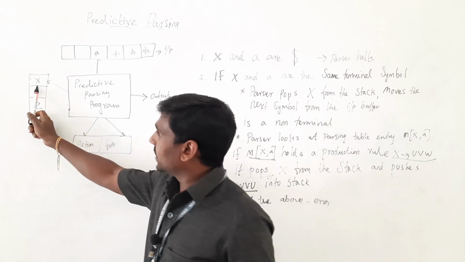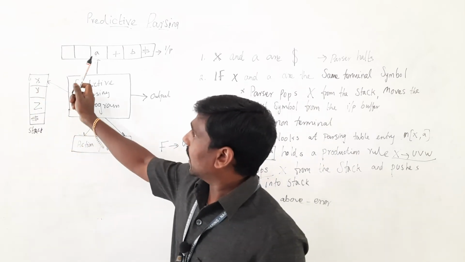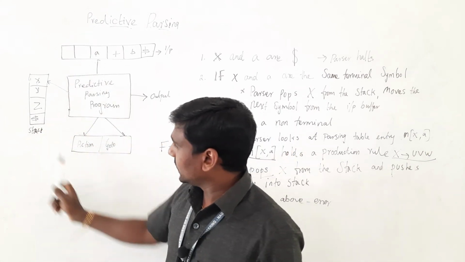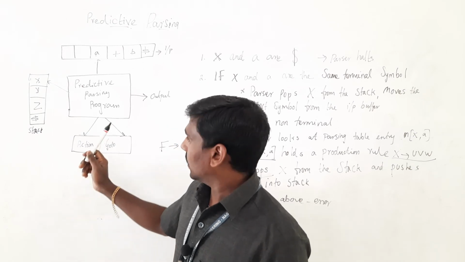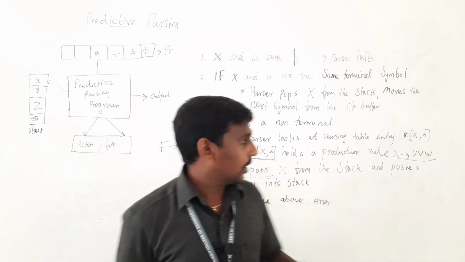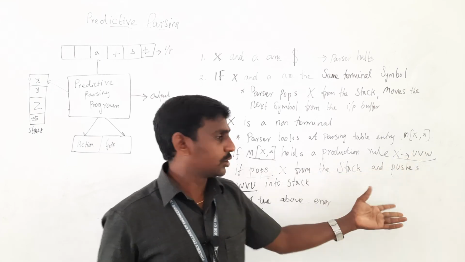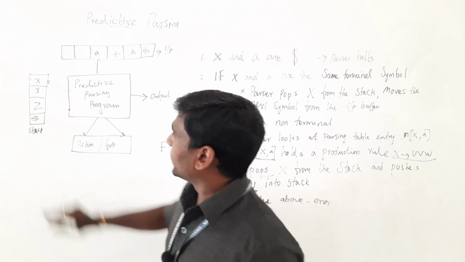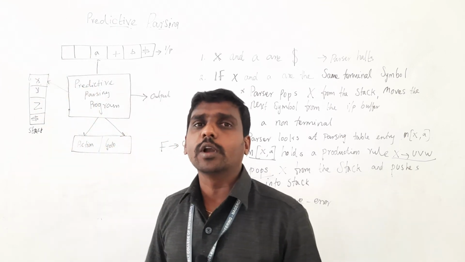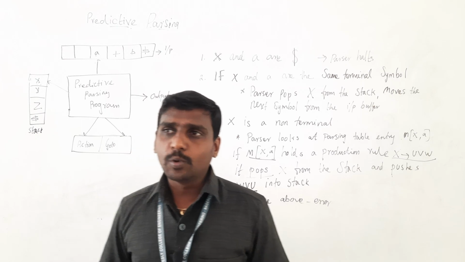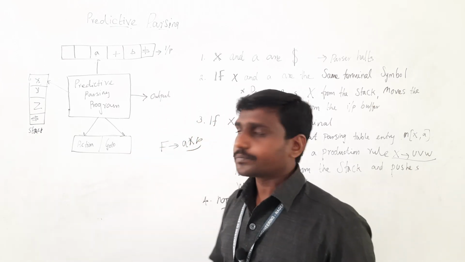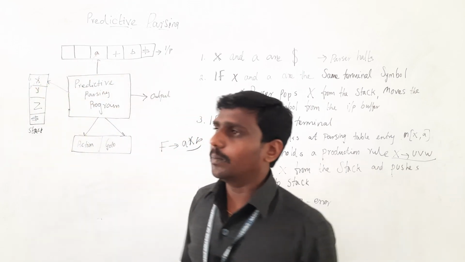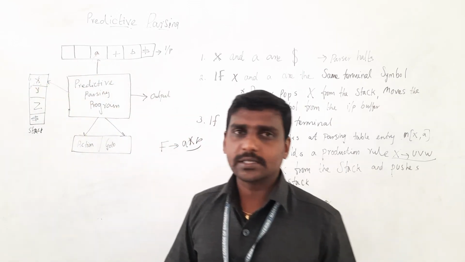And if the top of the stack is a variable and the input is a terminal, we want to look up into the parsing table, and based on the parsing table, we have to push that production in reverse order, okay. And next, if it is the same terminal, we want to pop from the stack, and here also we have to pop, okay. This is the behavior of the parser, okay.